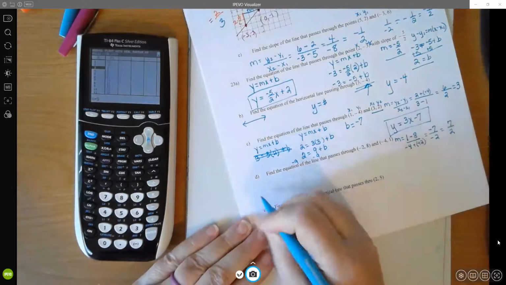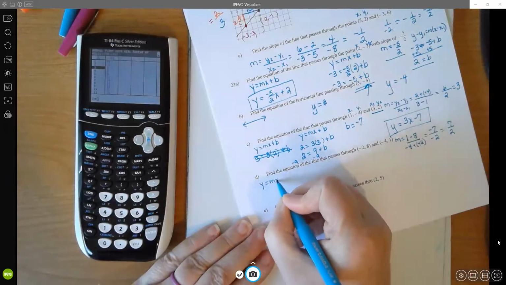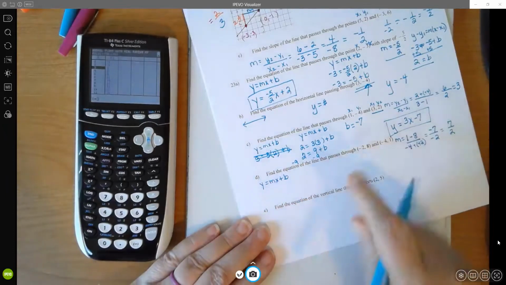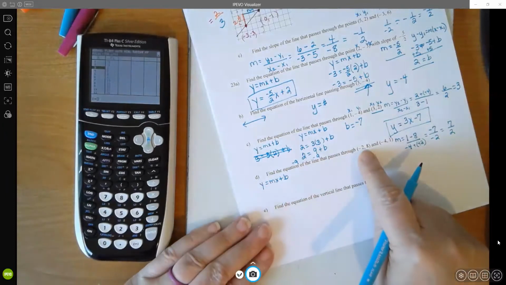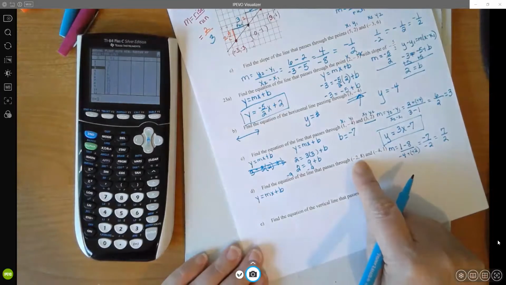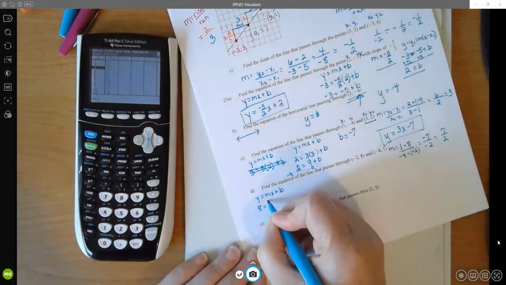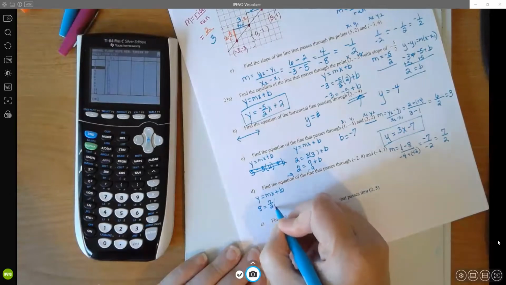And so I've got y equals mx plus b. I'm going to go with the first one here. There's not a lot of difference, but I'm going to go with the first one. My y is 8. My m is 7 over 2.